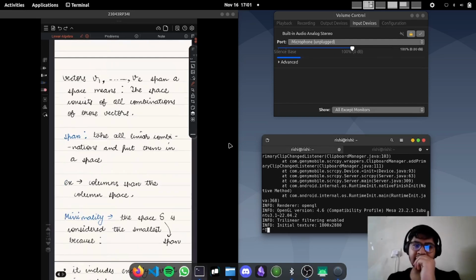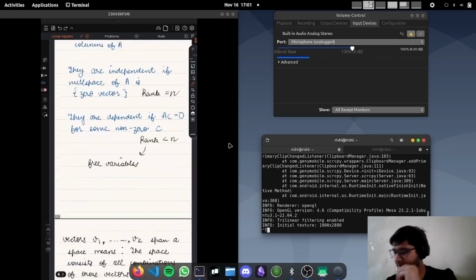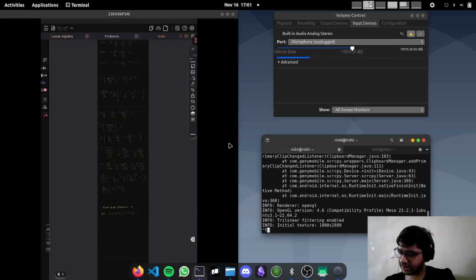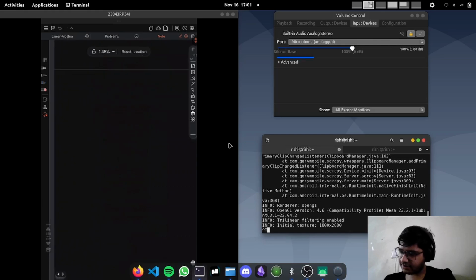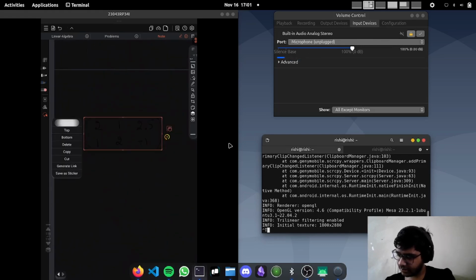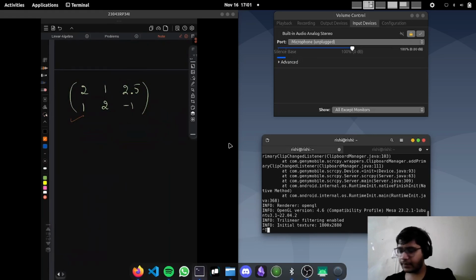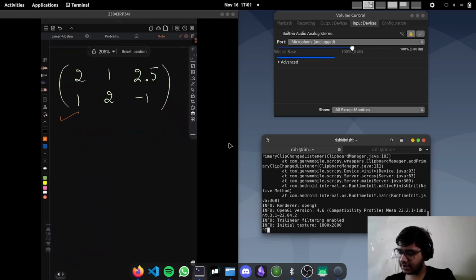And vectors v1, v2 span a space means, okay, let's try to calculate a simple null space for this. Let's go here somewhere at the end, and let's paste this. So let's calculate some kind of null space for this. Let's calculate the first free and pivot variable. So I will multiply this by 1 by half, I guess. So subtract this from here. So 2, 1, and 5 by 2. Multiply this with the half. So this is 0, half.